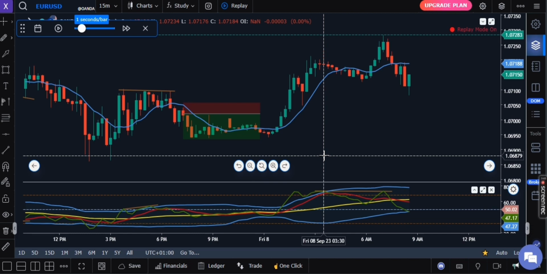You know, overbought is 68, oversold is 32. Understand? So for you to have high win rate, whenever you see the divergence occur outside those zones, know that that's a very accurate trade.